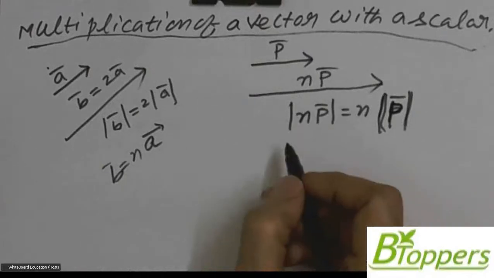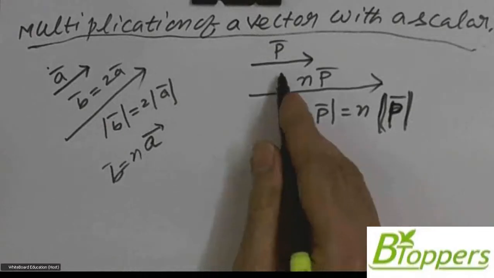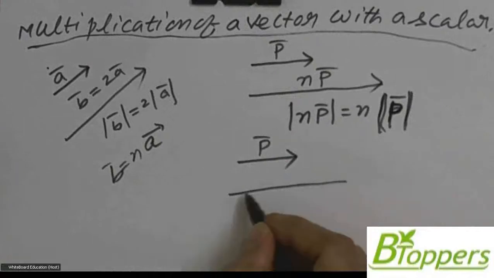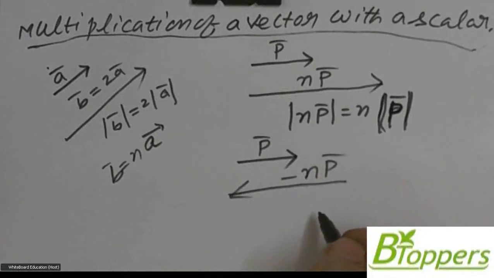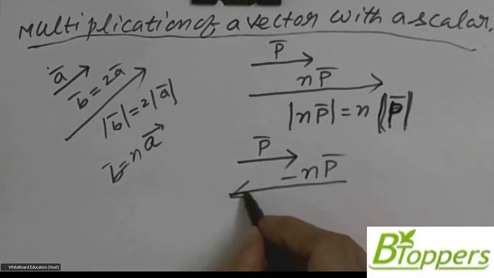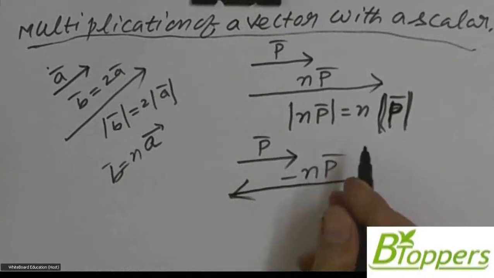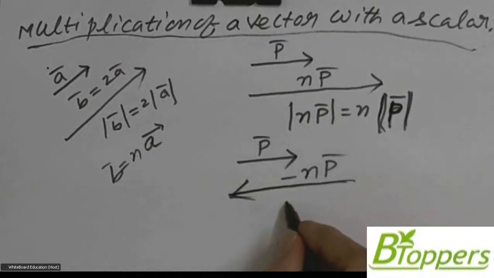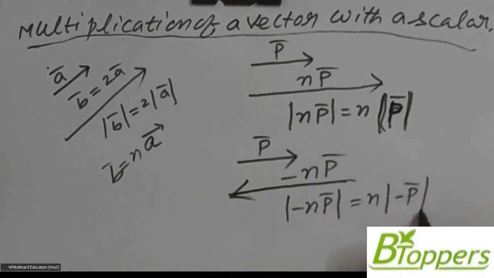But if a vector is multiplied with a negative scalar, then we get another vector which acts in the opposite direction. So if P bar is a vector and N is a positive scalar, then minus N represents a negative scalar. That means minus NP bar represents a vector which acts opposite to the vector P bar. The modulus of vector minus NP bar is N times the modulus of vector minus P bar.